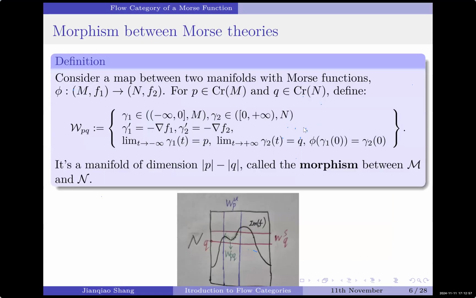So then we discuss morphisms between flow categories. We consider such a smooth map, and for critical points in M and critical points in N, we want to equip such a pair with a moduli space defined as this.